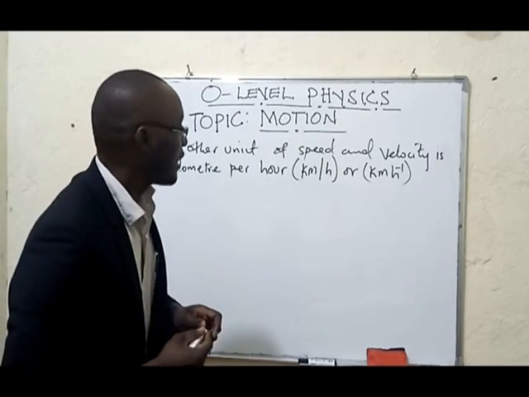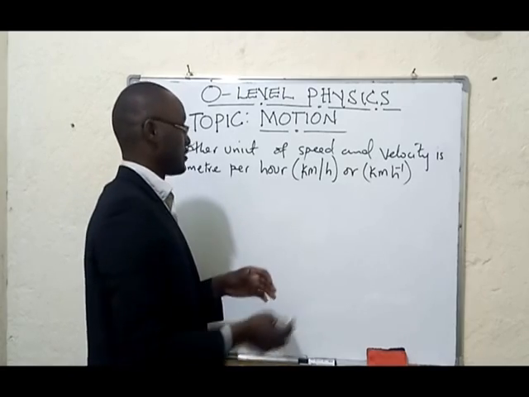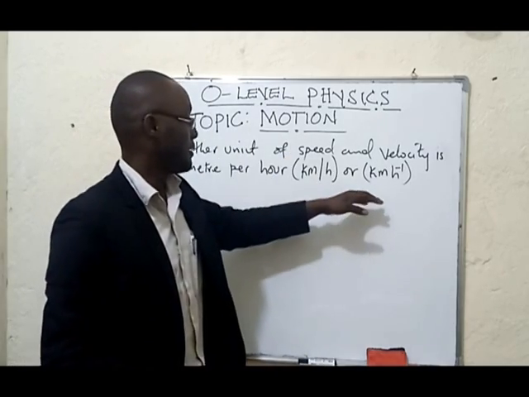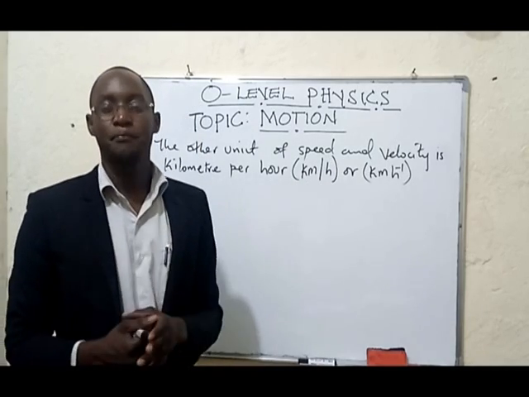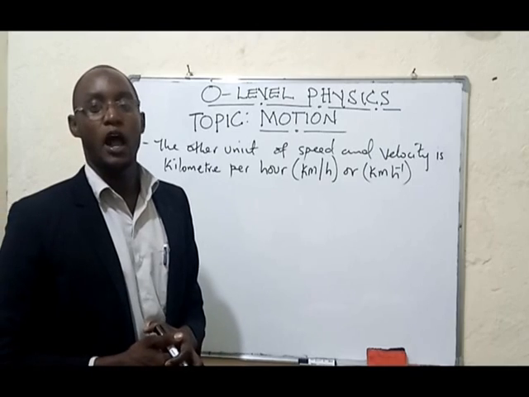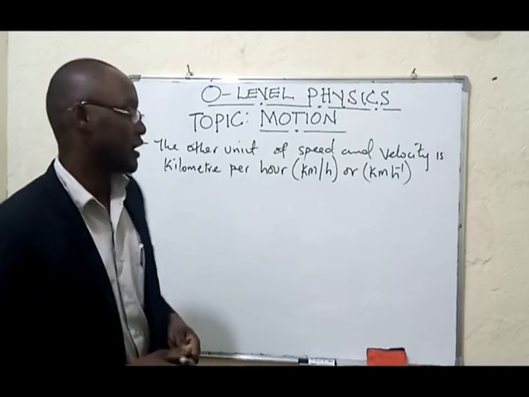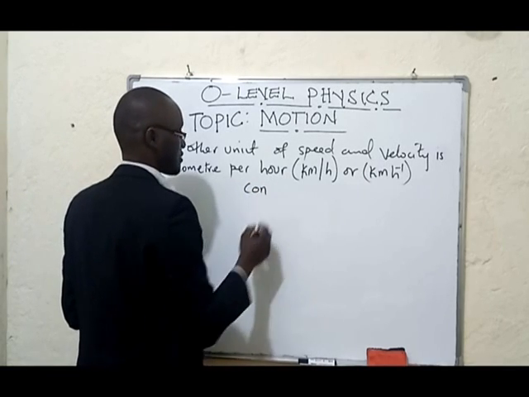We also have miles per hour. Yes, you'll see on some gauges of different machines, moving machines, you'll find miles per hour. But for us, we are going to concentrate on kilometer per hour. Now let us see how we can convert to SI units, because this gives students difficulties.